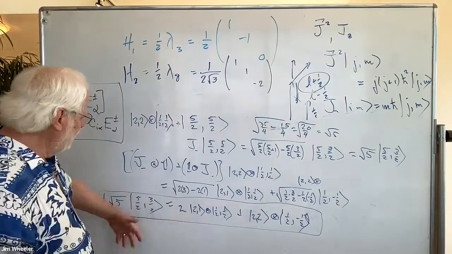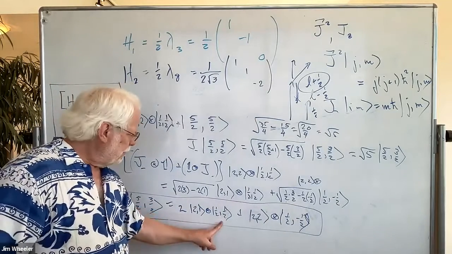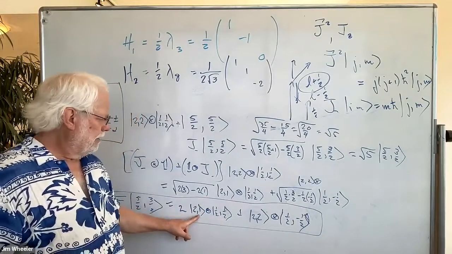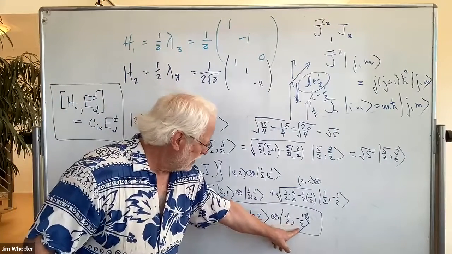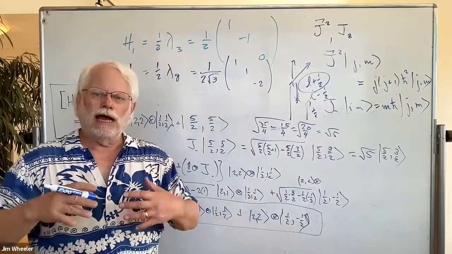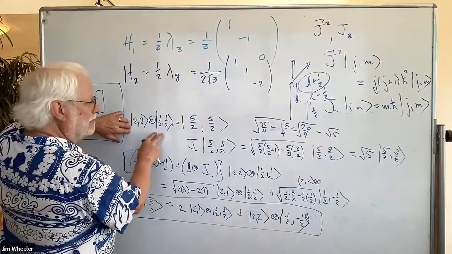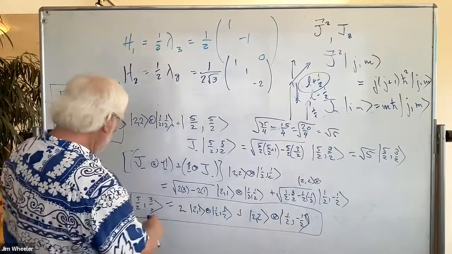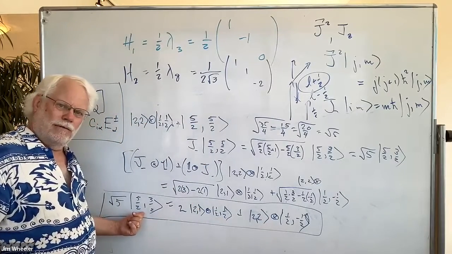You divide through by the square root of 5, and you've expressed this as a linear combination of a spin up electron in the m = 1 orbital and a spin down electron in the m = 2 orbital. So you know how the different possible products of these turn into a total angular momentum state.